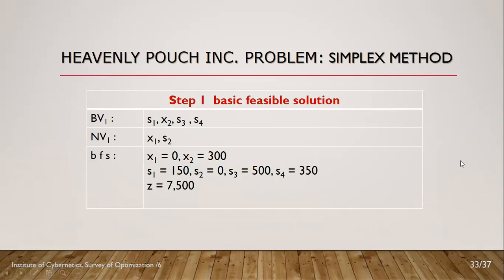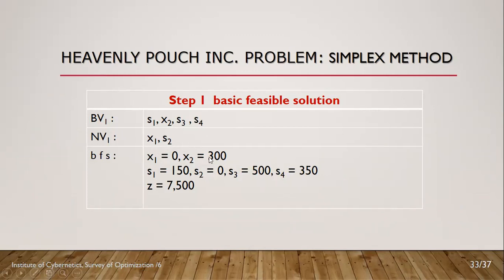And this is the summary of the step 1 basic feasible solutions. We see that x sub 2 has entered the basic variables, s sub 2 left it, so that was the leaving variable. Then x sub 1 is still 0 because it is here, and s sub 2 is 0 because it is here.